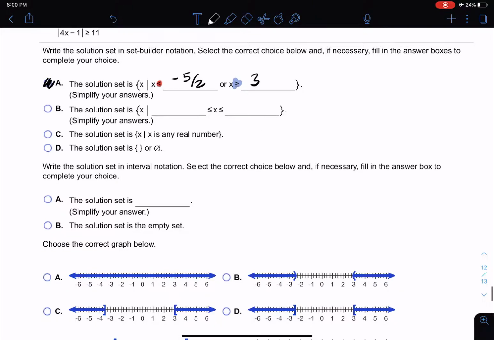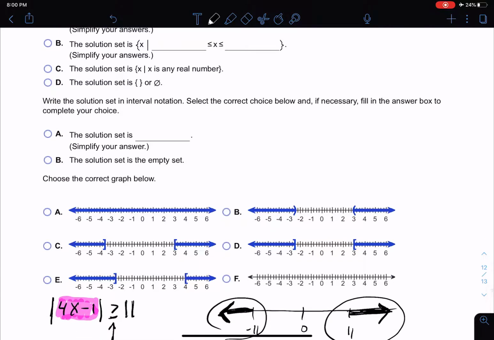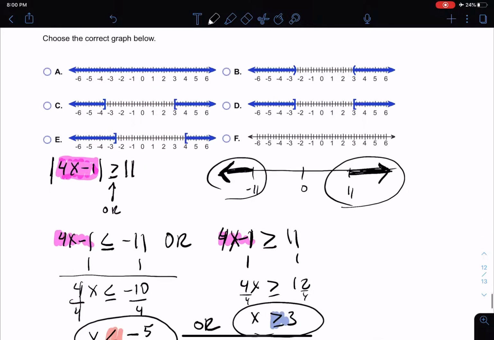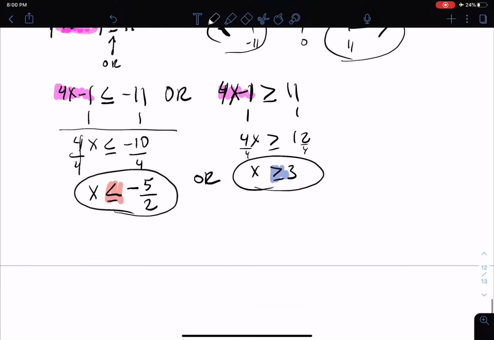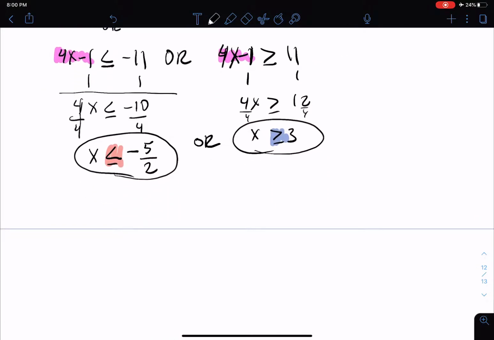Done, done, done. Oh, write the interval notation. Dang, okay. Well, the interval notation of this: this part says shade the x's that are less than or equal to negative 5 halves. So this is going forever to the left, so that's negative infinity up to negative 5 halves.